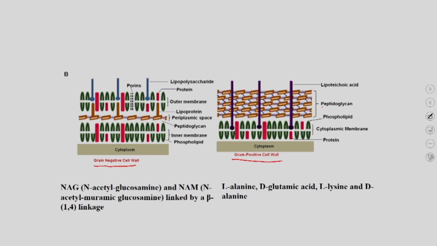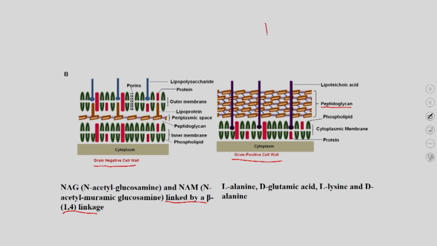This peptidoglycan is a complex biomolecule where you have the alternate arrangement of the sugar molecules called N-acetyl glucosamine as well as N-acetyl muramic acid, and these are linked by a chain of beta 1,4 linkage.